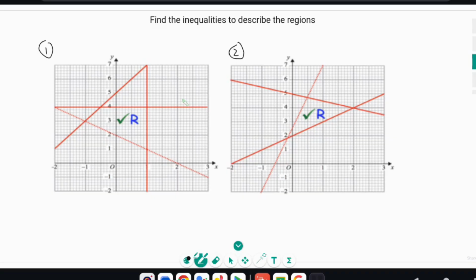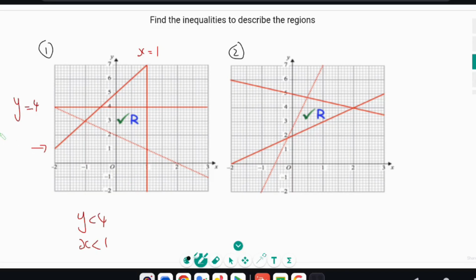And here, this next question, have a go at these two, maybe put me on pause and press play when you're done. So this line, we have y is equal to 4. The region is below, so y is less than 4. X is equal to 1. Shading is to the left, so x is less than 1. Right, we have 2 diagonal lines now.